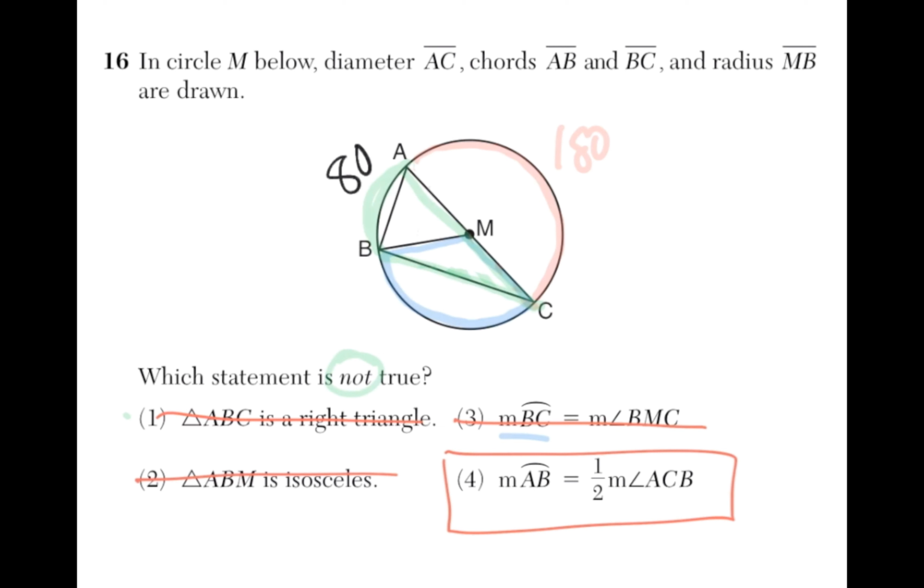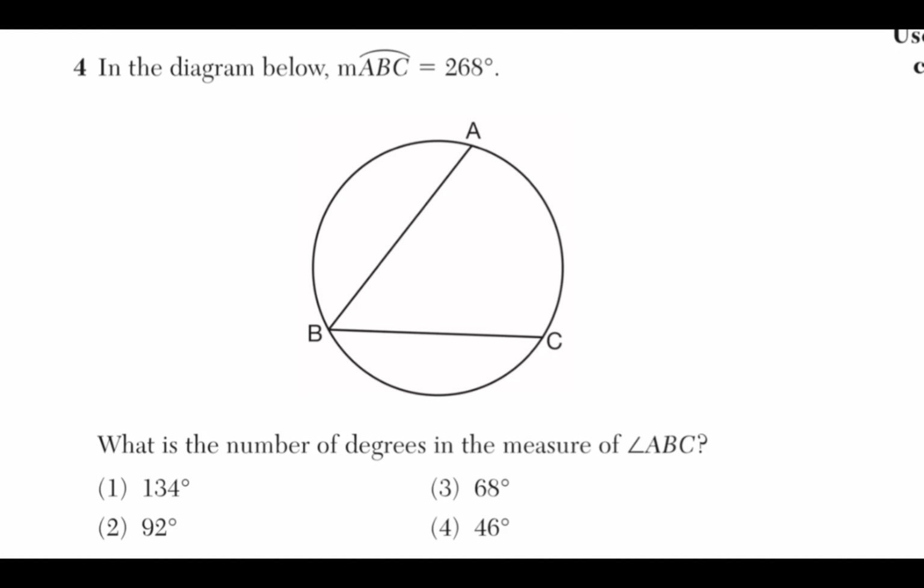So if this is 80 degrees, then ACB has got to be 40 degrees. But that's not what this is saying. This is saying the opposite. It's saying that this arc is equal to half of ACB. For this to be true, we would need to double 40 so that 80 equals 80. And this would have to be, instead of 1/2, 2. Correct answer is option number 4.